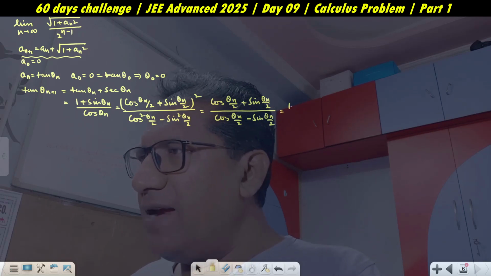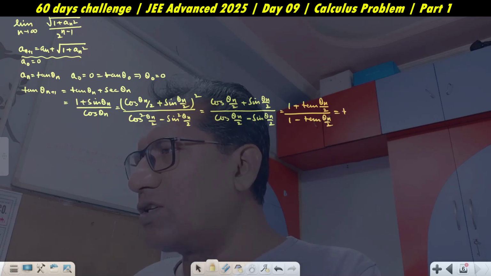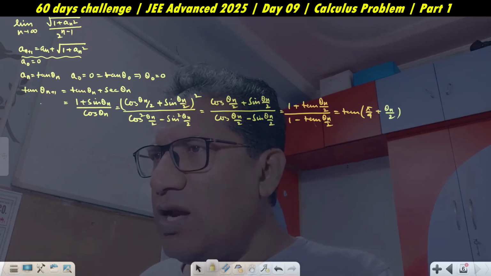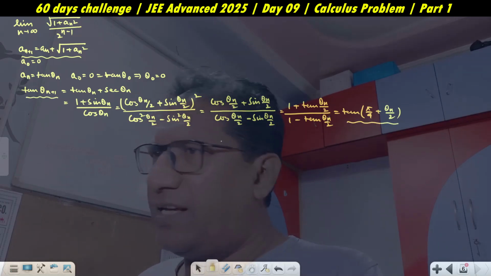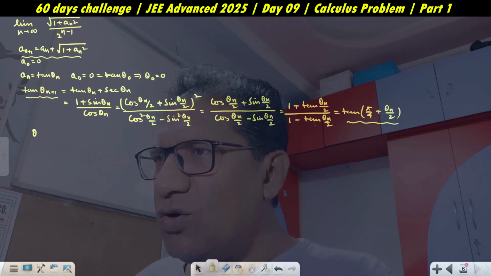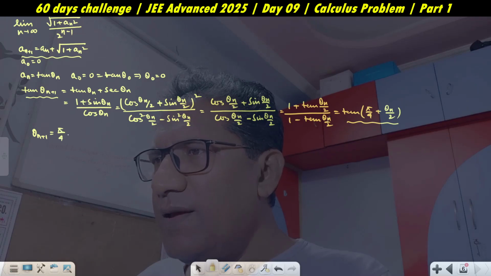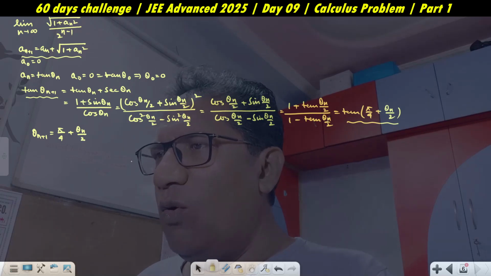If we divide both numerator and denominator by cos theta n by 2, we get tan of (pi by 4 plus theta n over 2). So we got tan theta (n+1) as tan of this, and we can write theta (n+1) is pi over 4 plus theta n over 2.